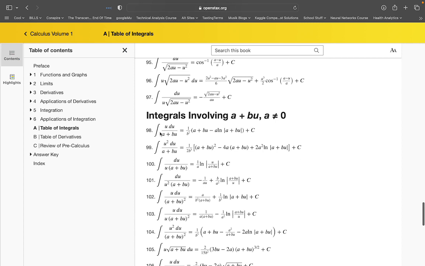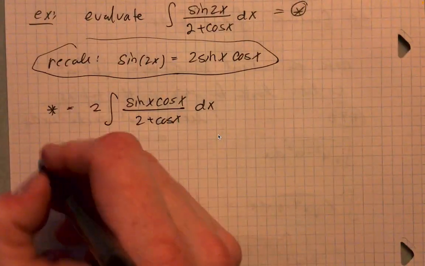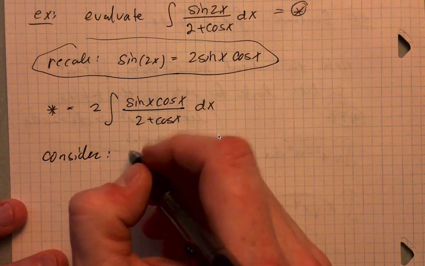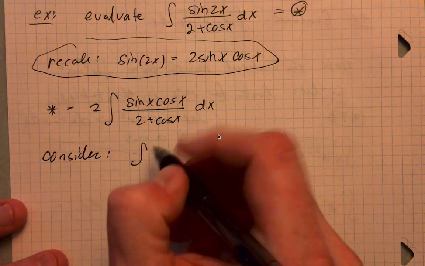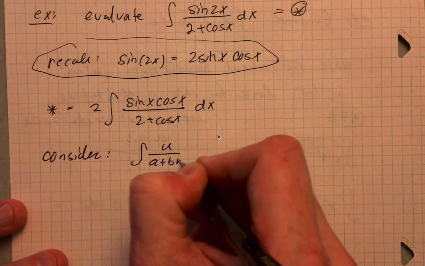Here you've got u over a plus bu. And so this one actually might fit just because we have that 2 plus cos in the bottom. So let's consider this one as an option and see what happens. Consider this guy here, the integral of u over a plus bu du.